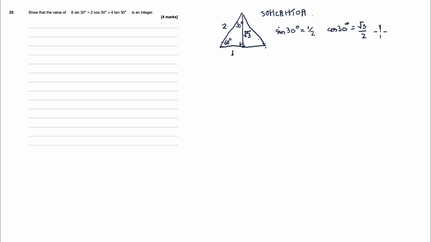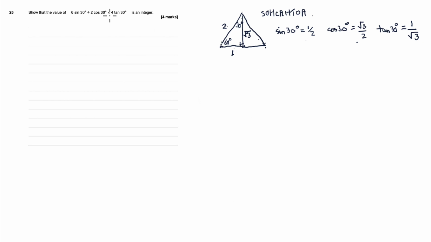And the final trig expression we've got is the tan 30, TOA. The tan of 30, we're up at the top here, is the opposite divided by the adjacent. So that's 1 over √3. So that's what are called the exact values. Now some people just learn them. I usually write this diagram down and work them out.